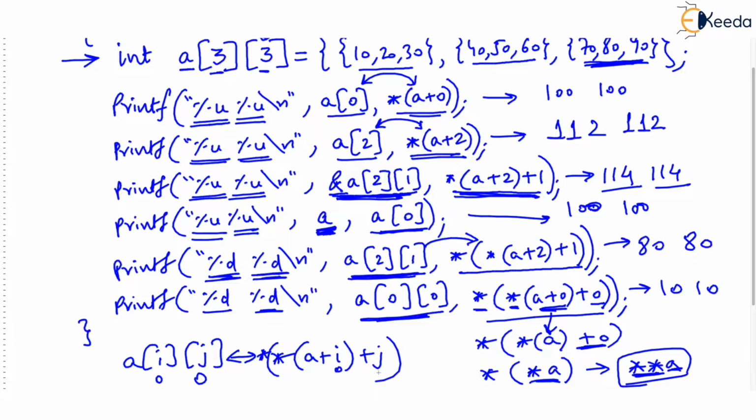Then both i and j are 0 and it boils down to asterisk asterisk A. That's what I am saying, isn't it? Now this gives us a concept of pointer to pointer. We have been learning pointers, but a two-dimensional array is not a simple pointer, but a pointer to a pointer, which we will come to in the next video. Thank you very much.